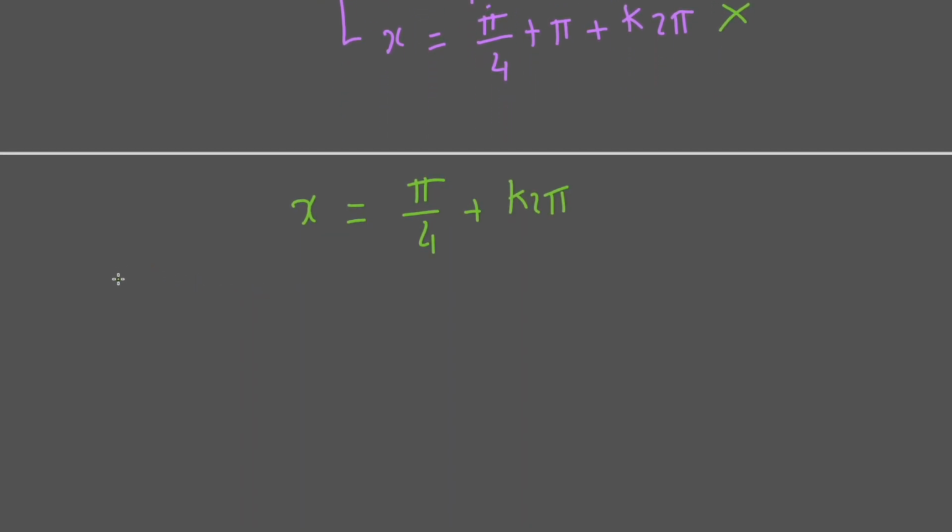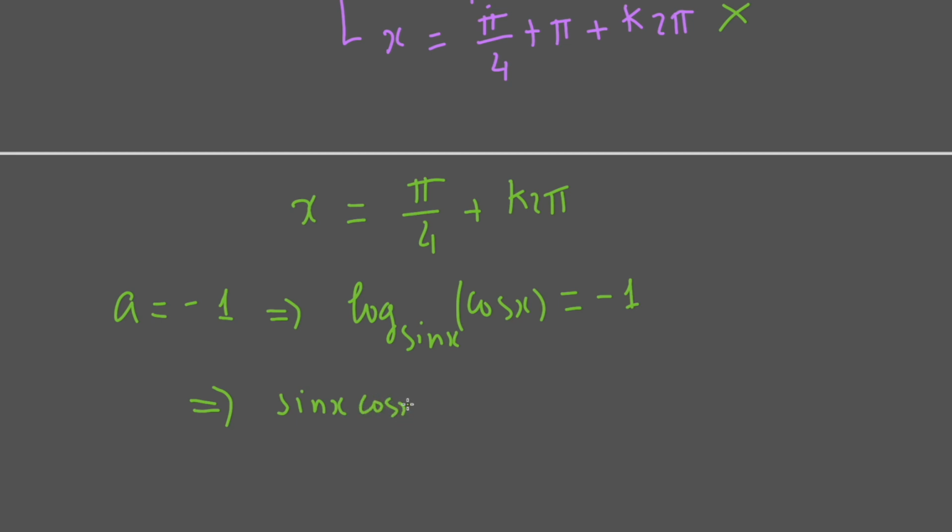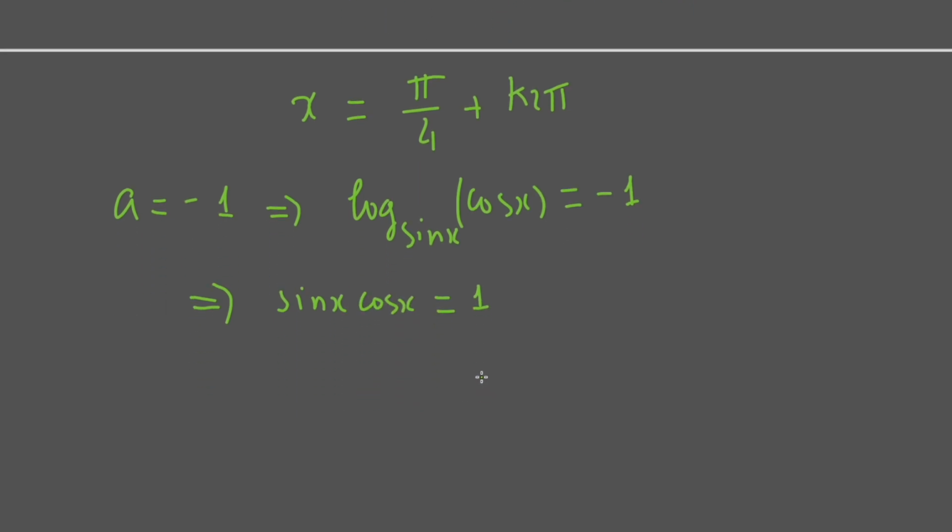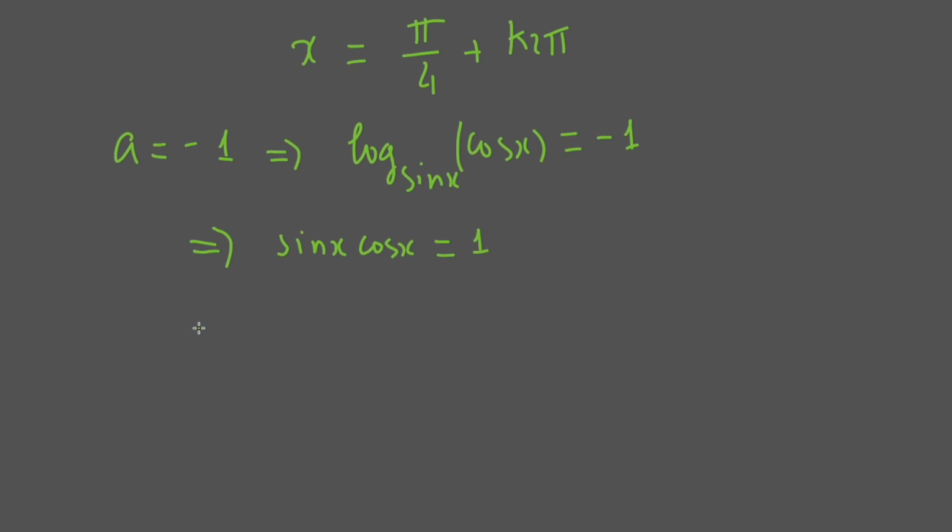For the case that a equal to -1, it means log base sin x of cos x equal to -1. Then sin x multiplied by cos x will be equal to 1. And we have sin x minus cos x, squared, equal to cos squared x plus sin squared x minus 2 sin x cos x.